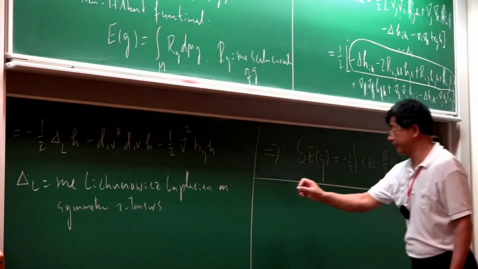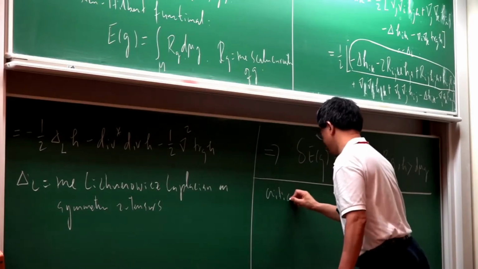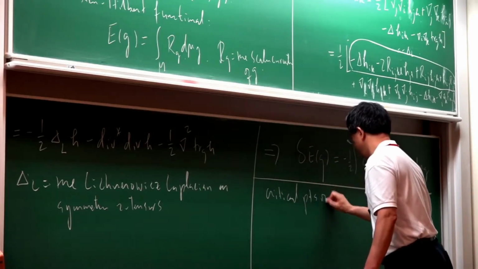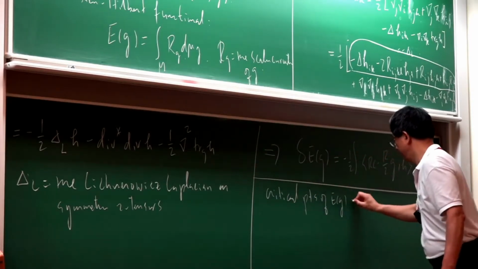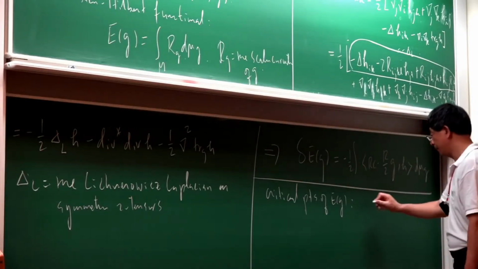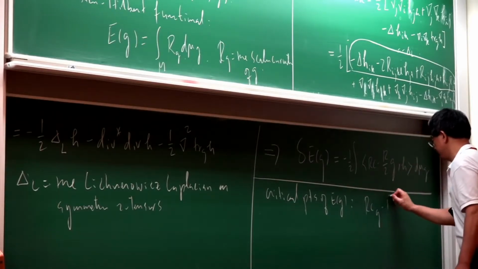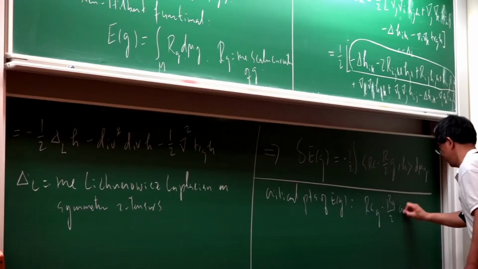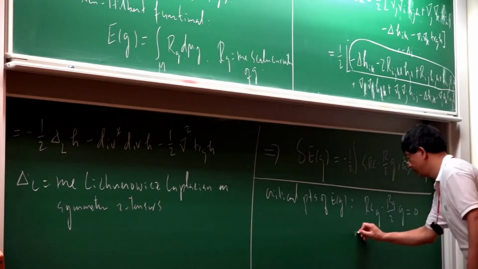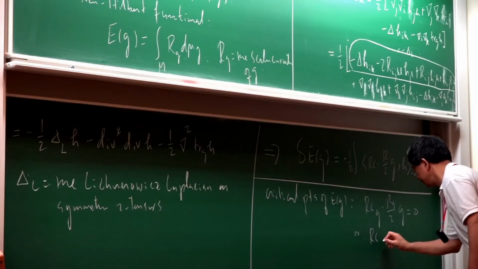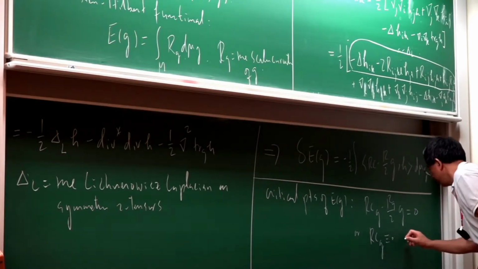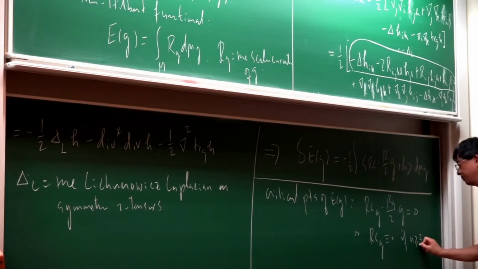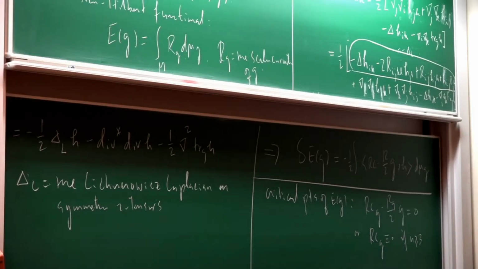So the critical points, as is well known, of the functional E of G are precisely those with Ricci of G minus R G over 2 G equal to 0, if n is bigger than or equal to 3, right? And we know that one.